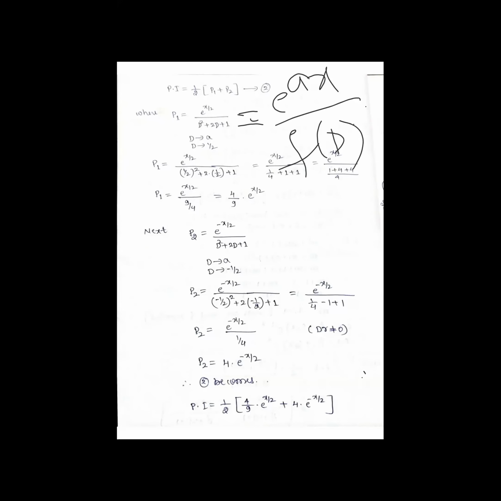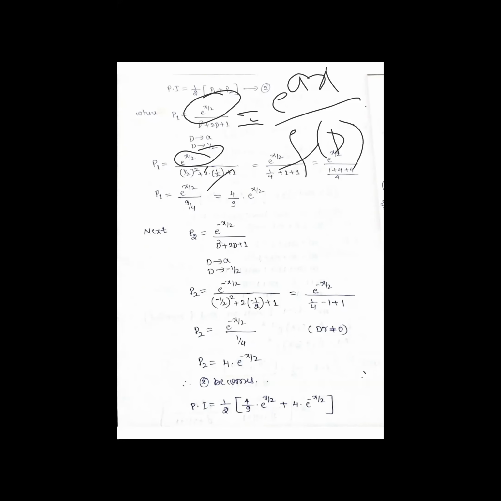So x is there, fine. A means 1 by 2 here. Whenever an exponential function is there in the numerator, the rule says d should be replaced by a. So a is 1 by 2, so d should be replaced by 1 by 2. The numerator stays as it is, only the denominator changes: 1 by 2 the square plus 2 into 1 by 2 plus 1. 1 by 2 the square is 1 by 4, the 2s get cancelled, so 1 plus 1.